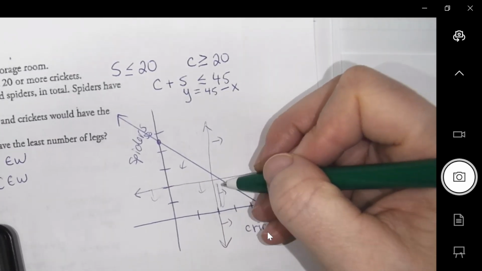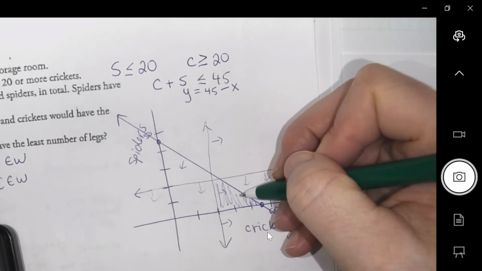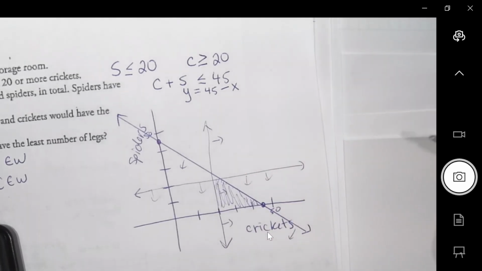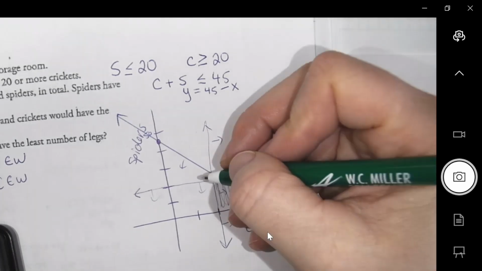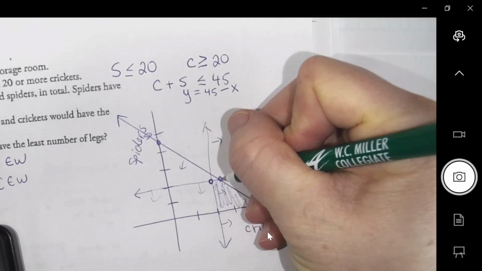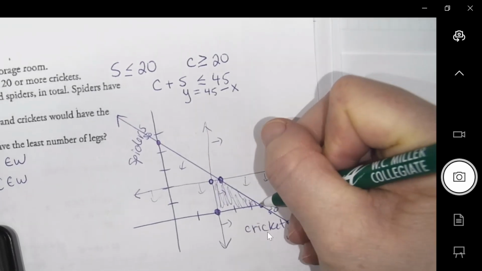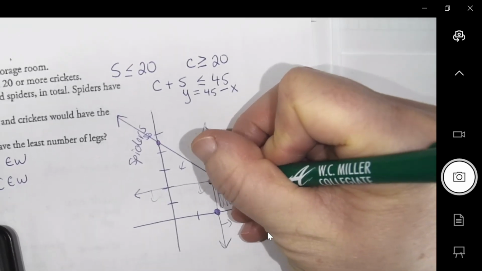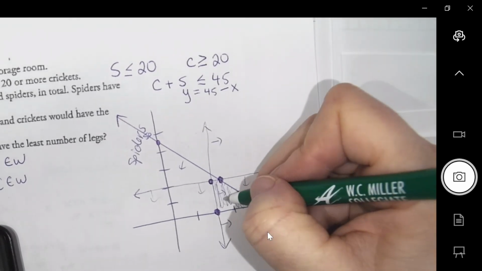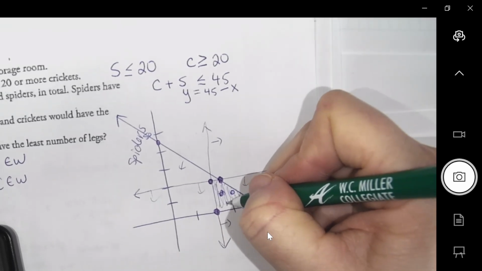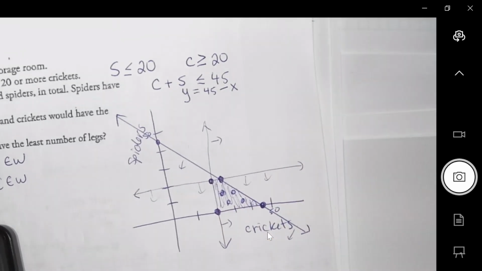So the region that works would be this. It's not quite a triangle, right? I'm just going to draw some extra dots in there to show you that it's stippled, because I can only take the whole number of spiders and crickets inside that zone.